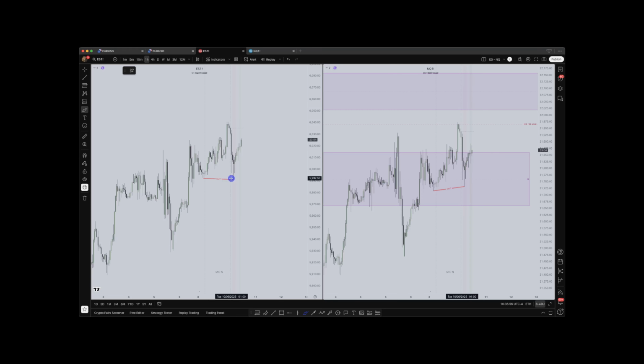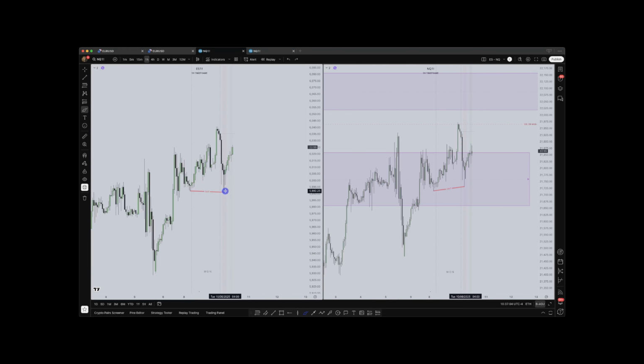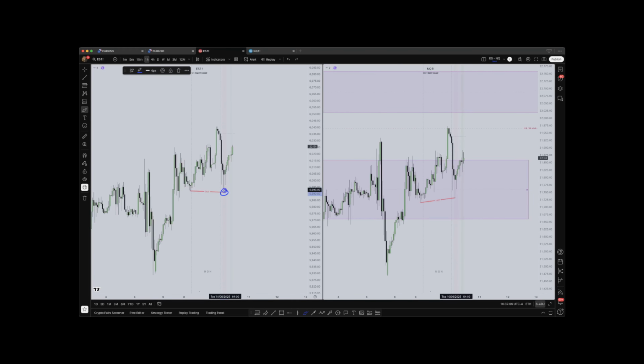If ES is doing a lower low, Nasdaq should do a lower low, but it didn't happen, as you can see here. We have a lower low, but Nasdaq a higher low. So this is important to spot.